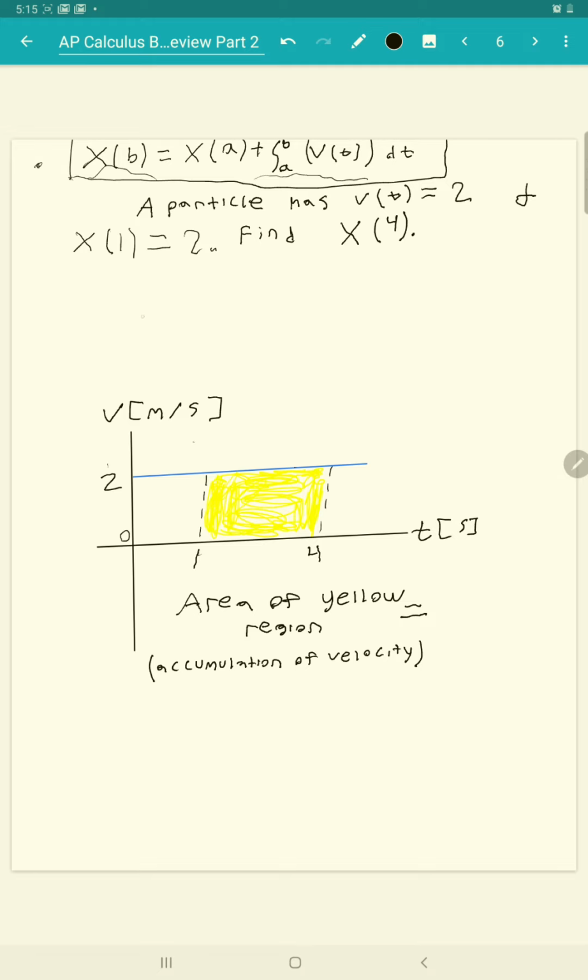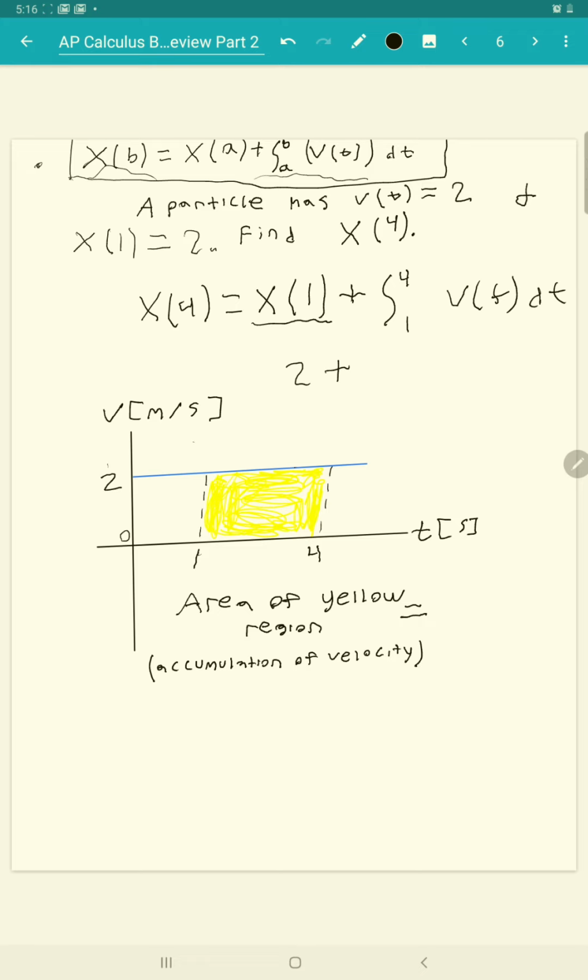So we're trying to find x at time 4, and this would equal x at time 1, which is our starting, plus our displacement, which would be the integral of velocity from 1 to 4. Our lower bound is our starting position, and our upper bound is our final position. So we know what x at 1 is. We know they gave it to us. That is 2. Plus the integral of velocity from 1 to 4.